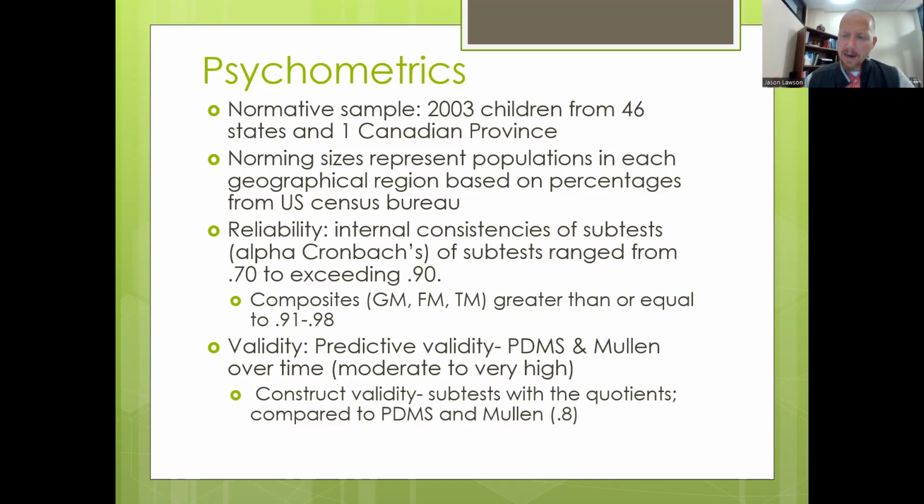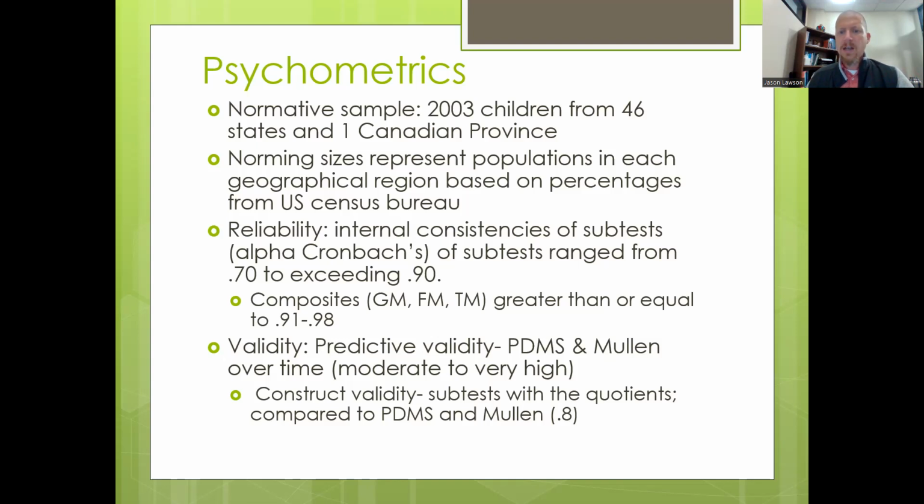When they looked at combining visual motor and grasping into the fine motor quotient, they had really high internal consistencies of 0.91 to 0.98, which tells us that those three sections do make up gross motor, all of the sections represent an overall motor scale, and grasping and visual motor do make up fine motor scales. They did demonstrate some validity through predictive validity.